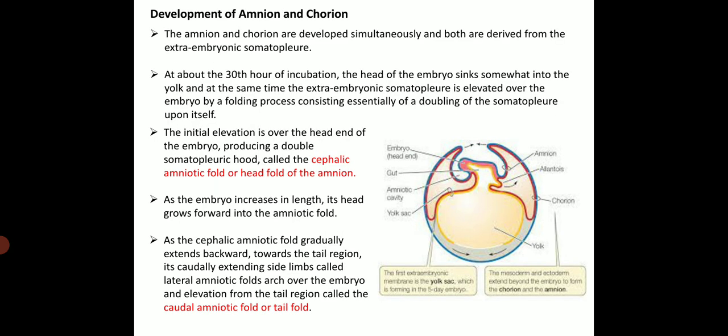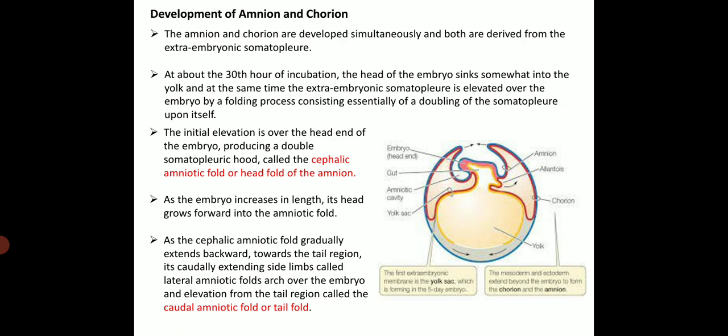Next, there is the development of the amnion and the chorion. These two develop simultaneously, so they will be studied together. Both are derived from the extra-embryonic somatopleure. At about 30 hours of incubation, the head of the embryo sinks somewhat into the yolk.